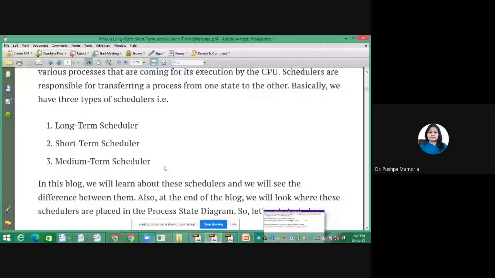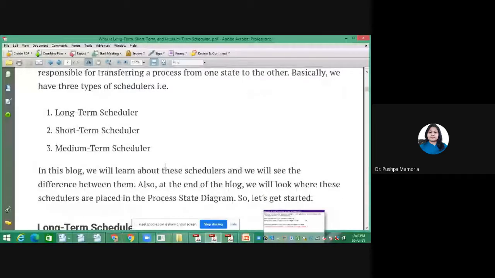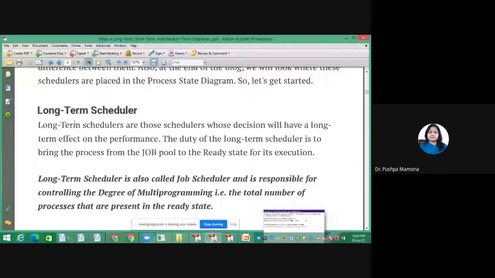So what is the long-term scheduler? Long-term schedulers are those schedulers whose decisions will have a long-term effect on the performance. The duty of the long-term scheduler is to bring the process from the job pool to the ready state for its execution. Right? As you know, this is also the working of the job scheduler, which is also known as the long-term scheduler.